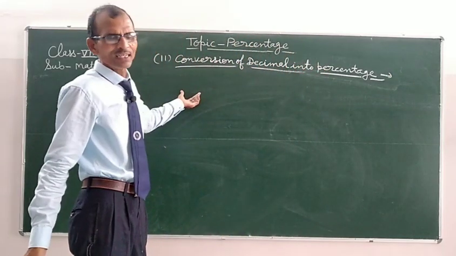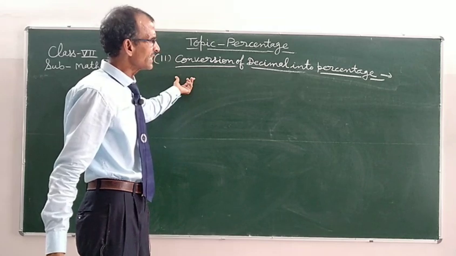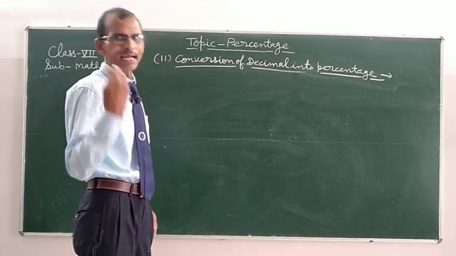As with fractions, to convert decimal into percentage, we multiply it by 100.